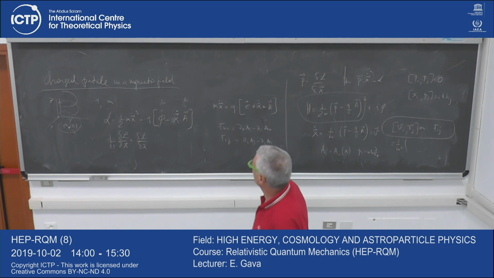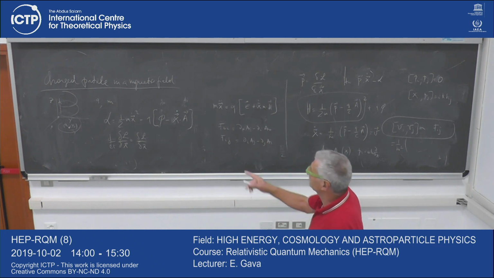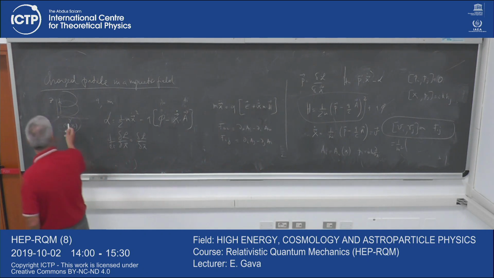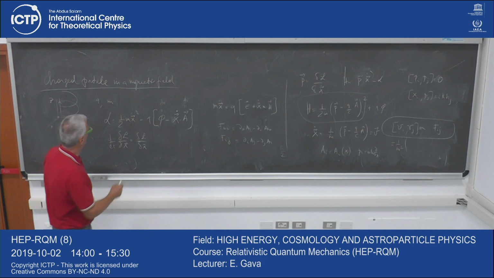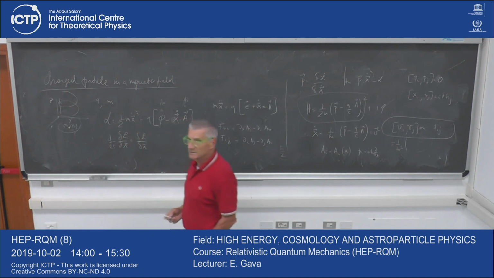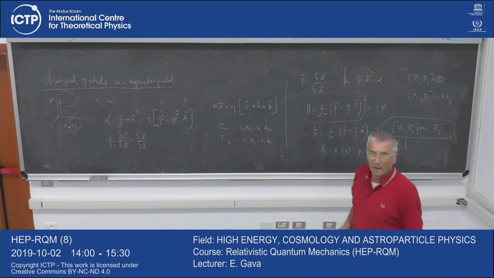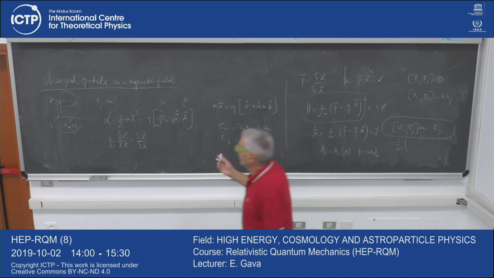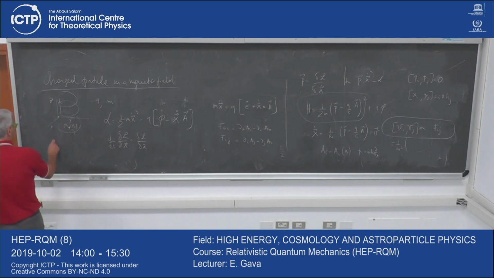Now, suppose you go back to the problem of discussing what happens quantum mechanically if you have a particle of charge q and mass m in a constant magnetic field along the z-axis. We fix the magnetic field to be H equal to (0, 0, H), with only the third component.